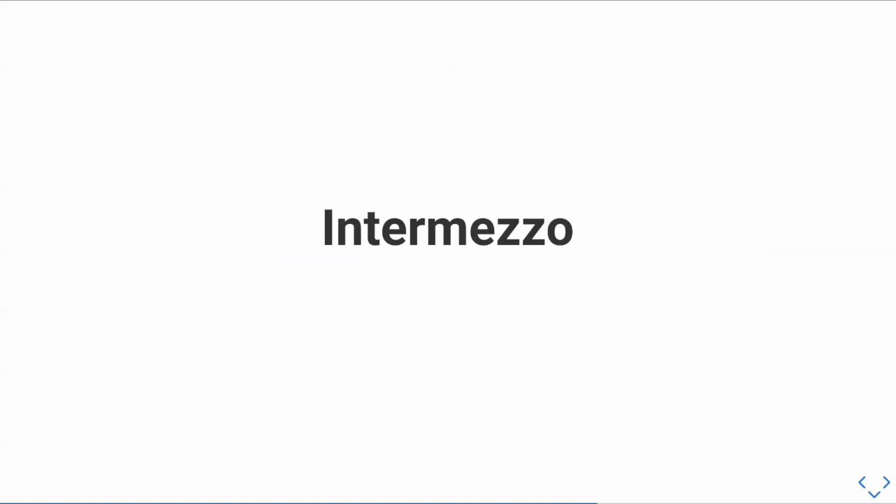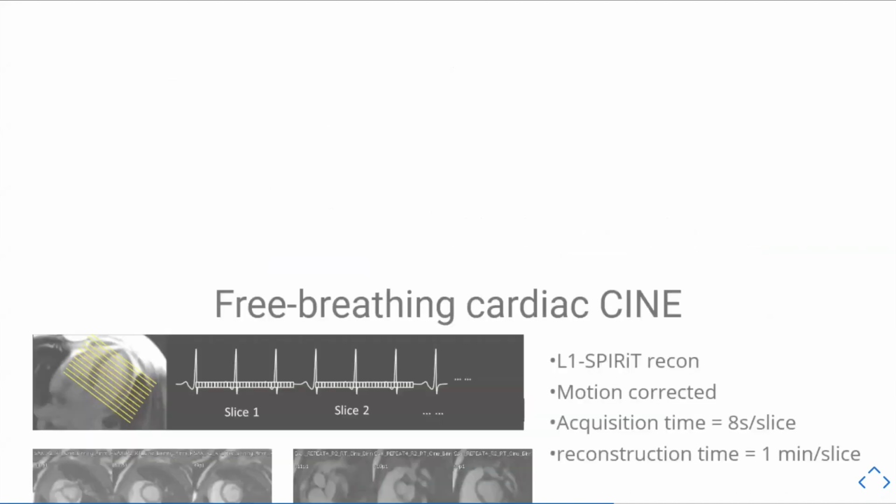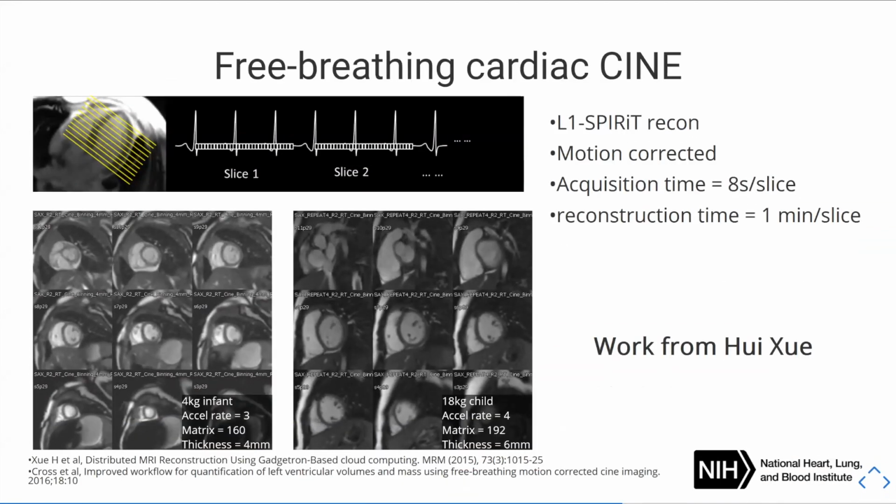Now let's go on to the second intermezzo and talk about another application. So at the NIH, they developed an algorithm for doing free breathing cardiac cine. This is an L1 SPIRiT recon, so compressed sensing SPIRiT with motion correction.